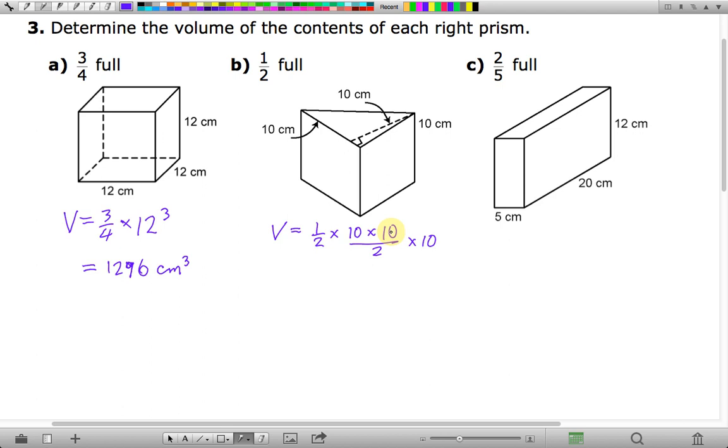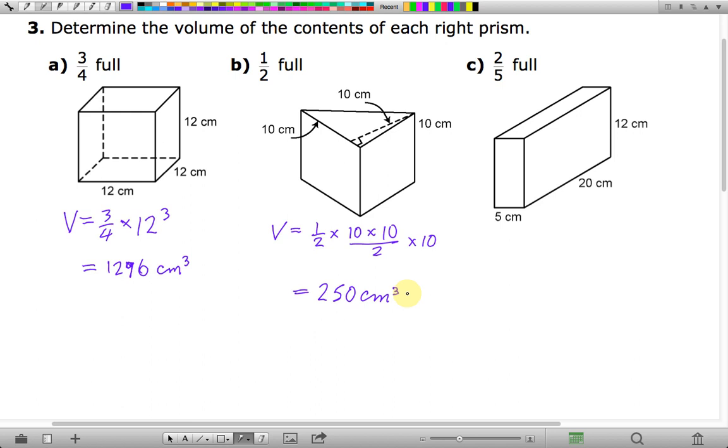So remember, it's base of the triangle times height of the triangle divided by 2 and multiplied by the height of the prism. And we're doing half times all that because it's only half full. So if you were to multiply the 3 tens together and then divide by 2 twice, that would give you 250 cubic centimeters.